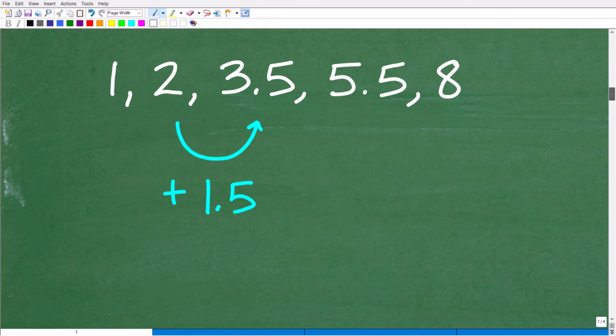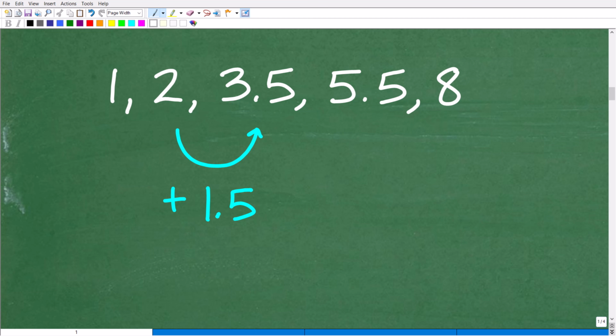Now, some of you may have had your eyes drawn to these terms in the sequence. So we have 2 and 3.5. So what's going on here? Well, if we tried to look at a pattern starting from these two numbers, to go from 2 to 3.5, we have to add 1.5 to this 2, because 2 plus 1.5 gives us 3.5.